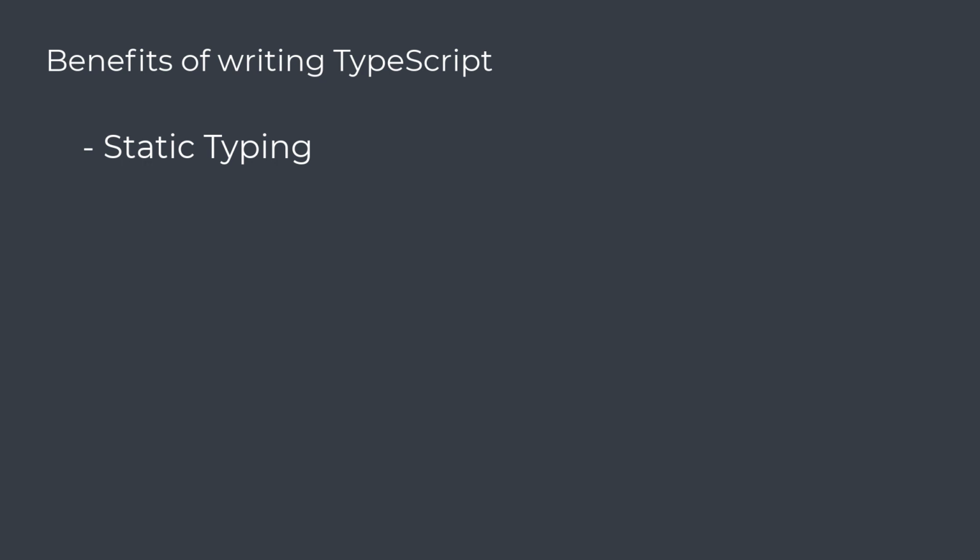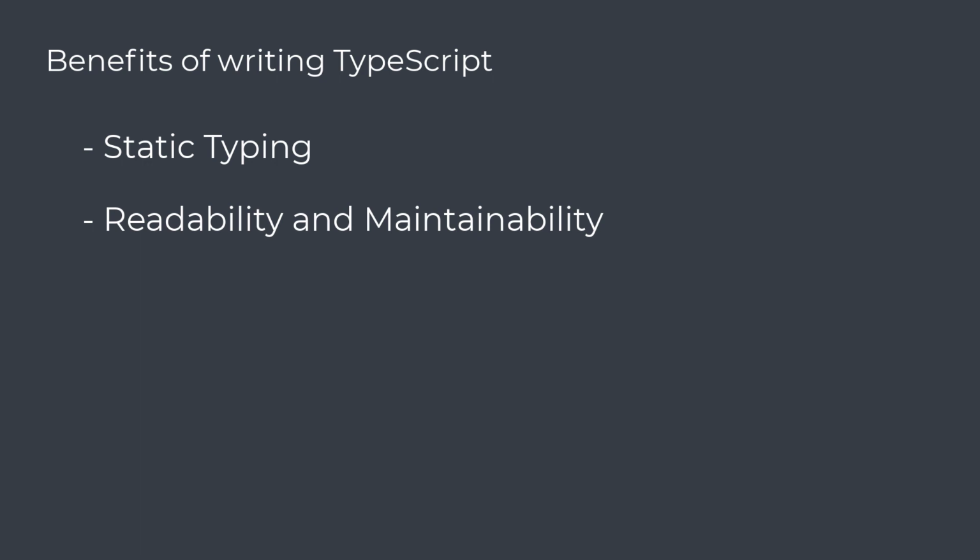This feature can prevent common bugs and improve code quality by providing better code understanding and tooling support. With its static typing and explicit type annotations, TypeScript code tends to be more readable and self-documenting. This can make maintaining and understanding the code base easier, especially in larger projects or when working in teams.